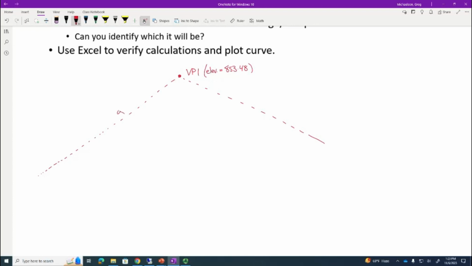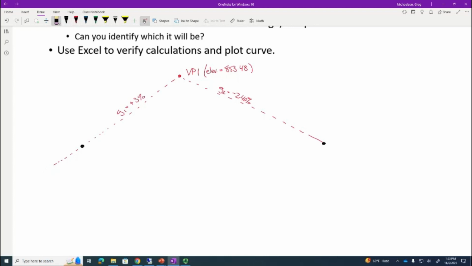We are also given G1 is 3%, and G2 is negative 2.4%. Now, I'm going to do my best to try and be as even with this as possible.